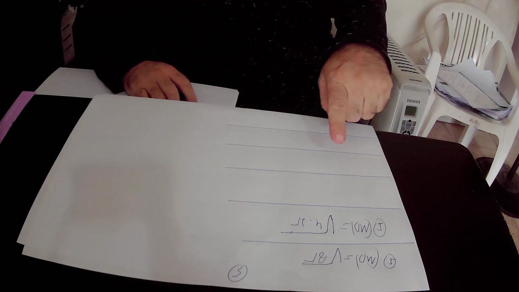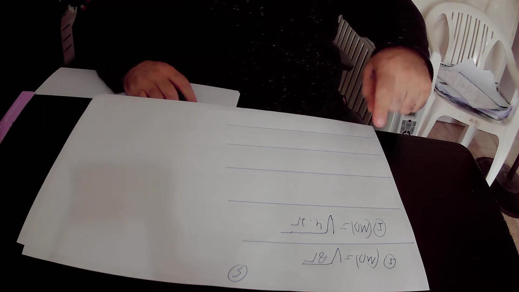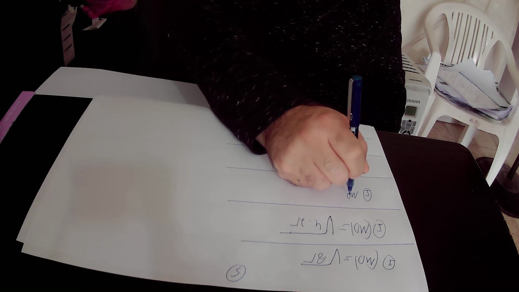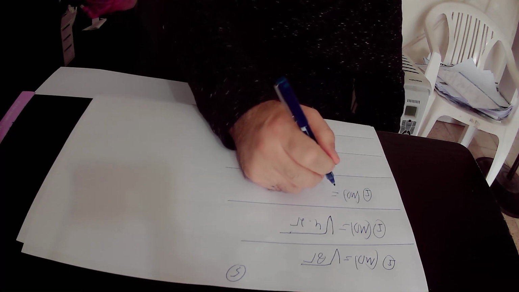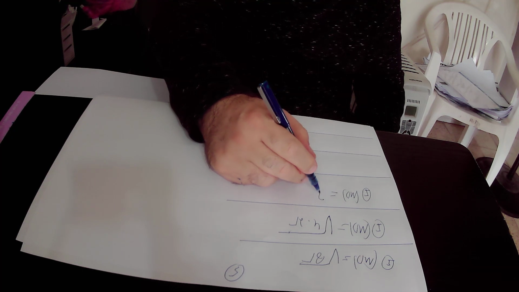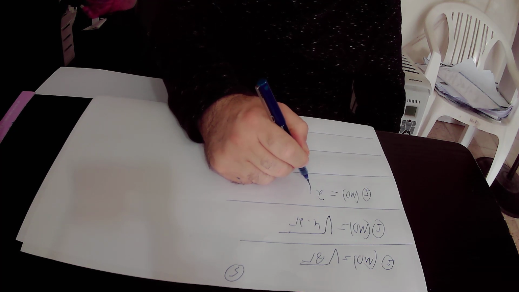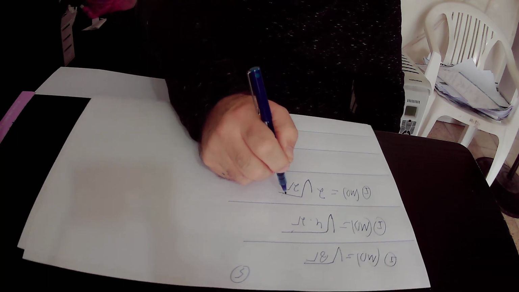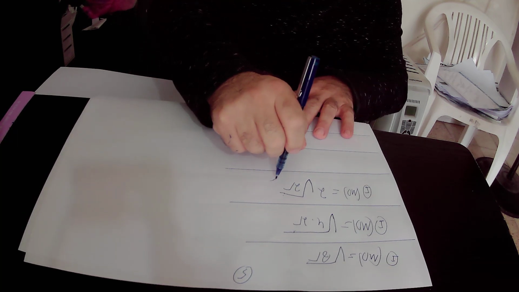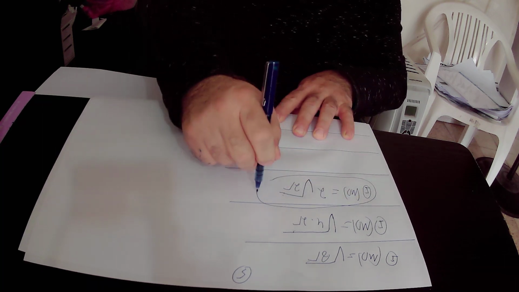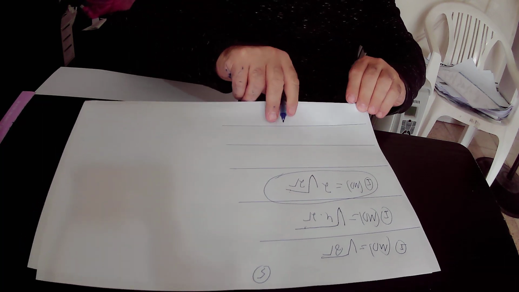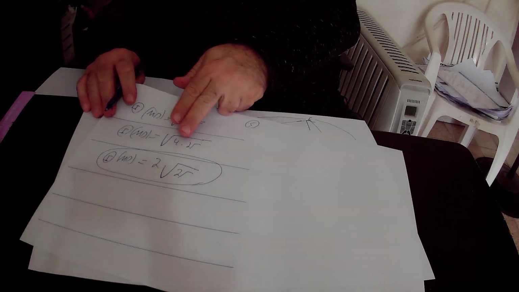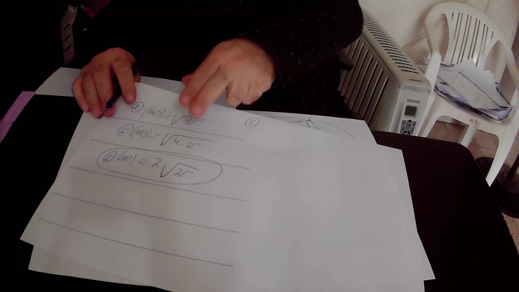We know that the square root of 4 is 2, so we'll write it down. We'll get that MD equals 2 times, inside the root we will have 2r. So in total we found out that the value of MD equals 2 times the square root of 2r.